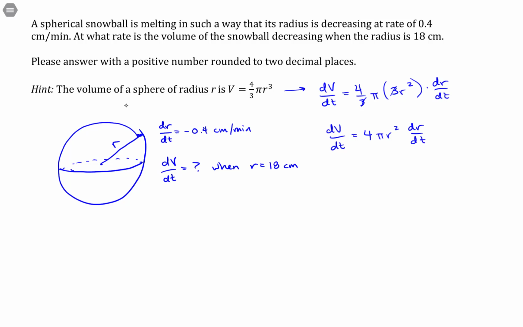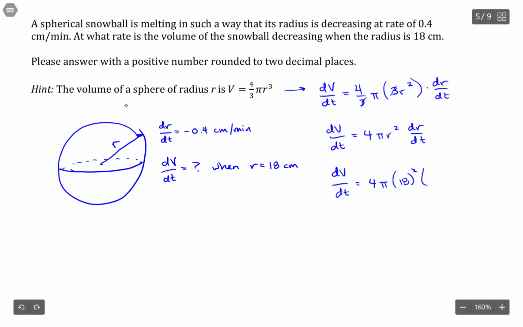All right, now we have information that we can plug in. So the rate of change of volume is going to be 4 pi times 18 squared, because we're interested when the radius is 18, and the rate of change is negative 0.4.